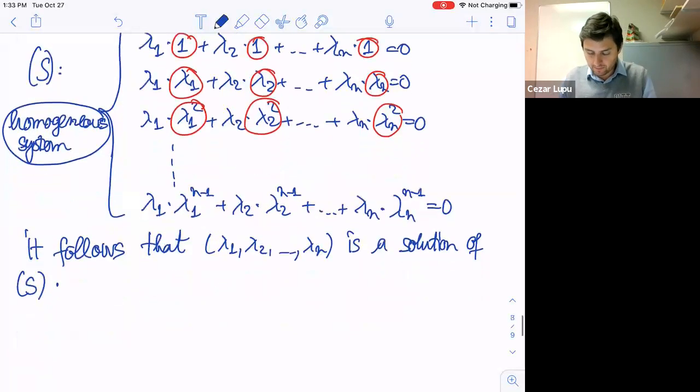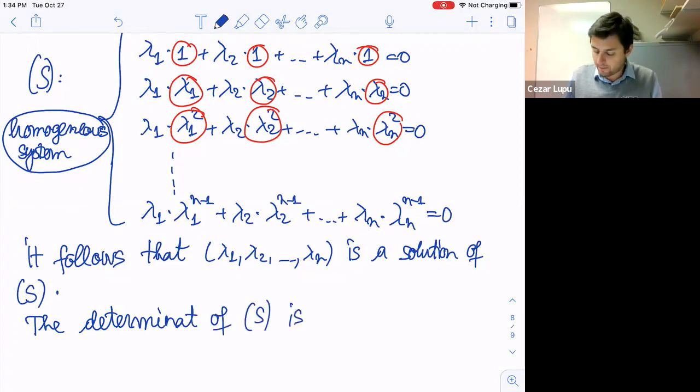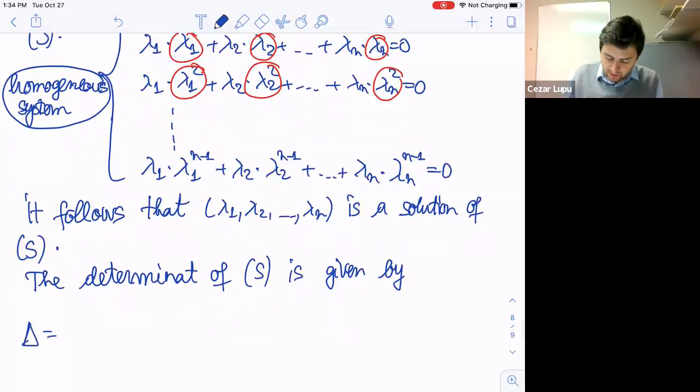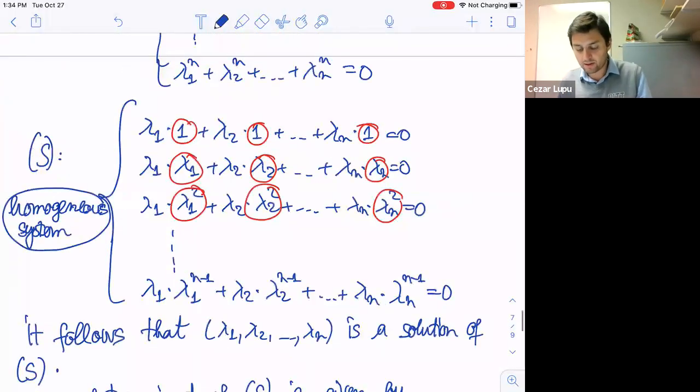So delta, the determinant of S, is given by this special matrix V of x1, x2, xn. We'll call this the Vandermonde matrix, the Vandermonde determinant. Let me say who this is. We're going to look at the coefficients.